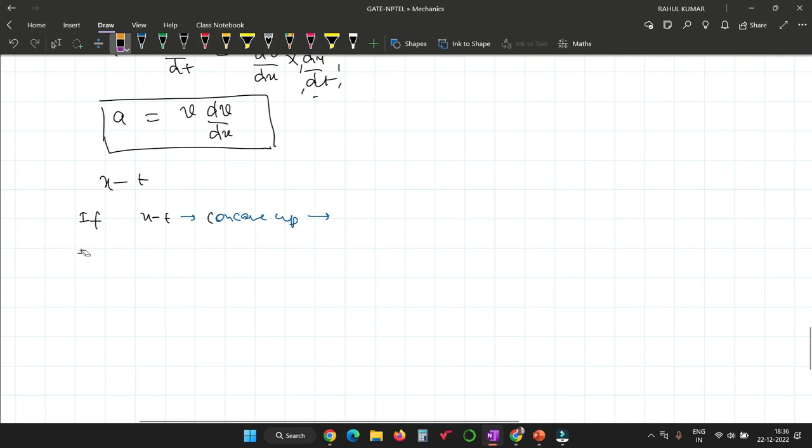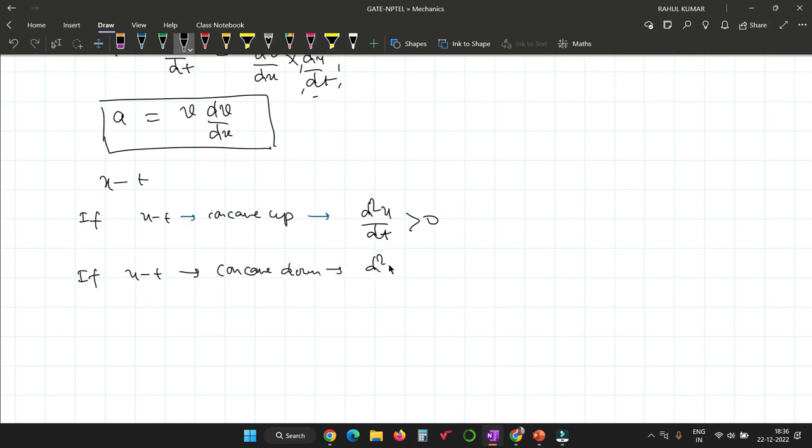And if the xt diagram is concave down, then what will happen?